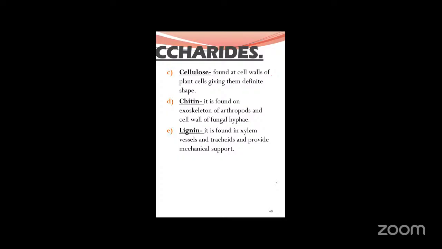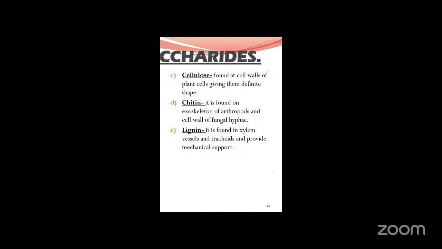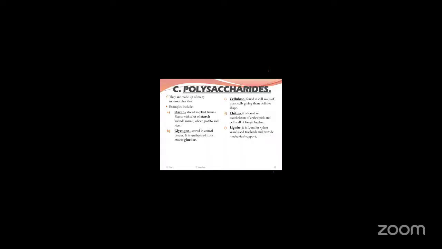Very good. And then finally we have a third example of a polysaccharide, which is lignin. Lignin is mostly found in the xylem and tracheids, and its function is to provide mechanical support. So basically those are the examples of polysaccharides.